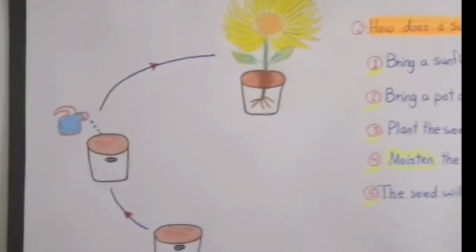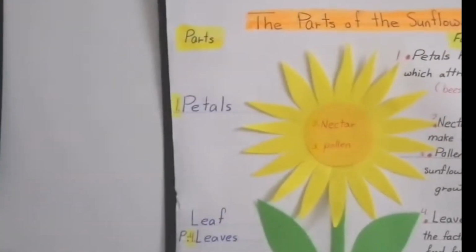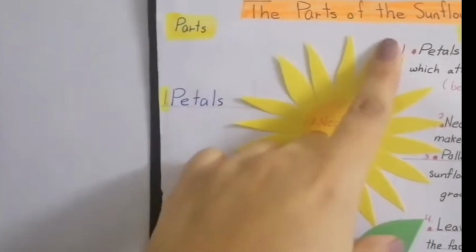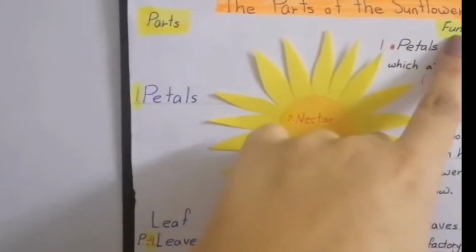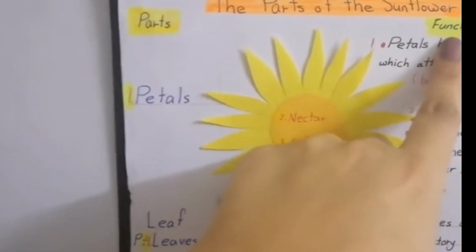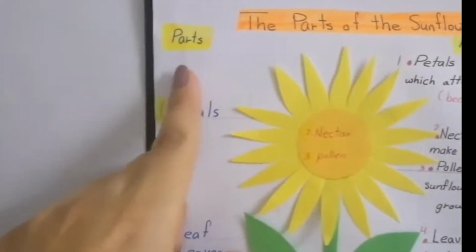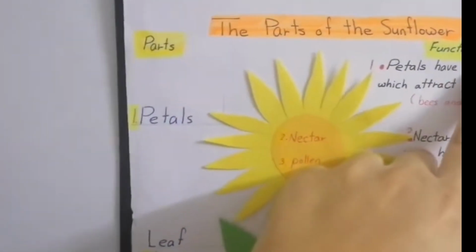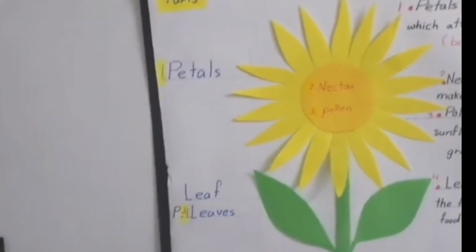Let's go to the second part. The second part talks about the parts of a sunflower and their functions. What are the parts of a sunflower and what are their functions?